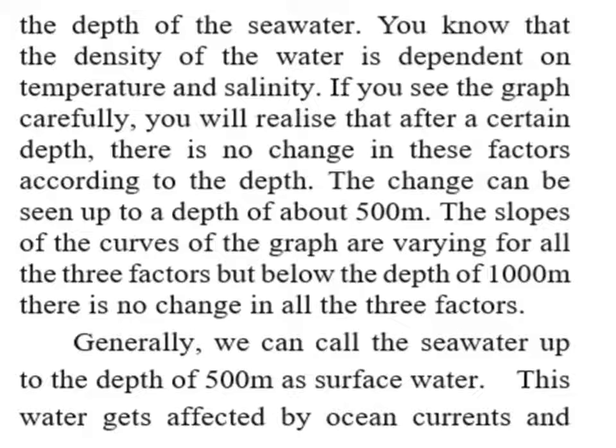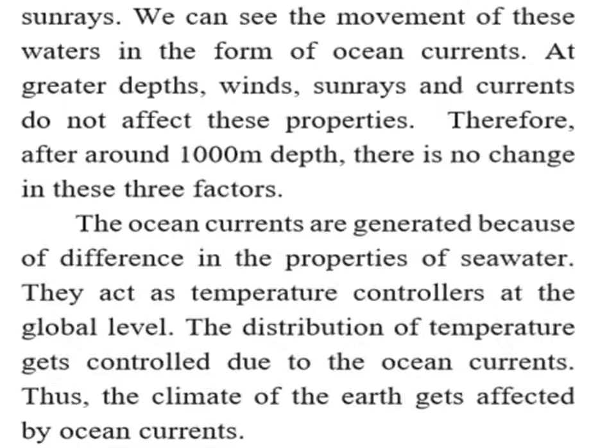Generally, we call this seawater up to the depth of 500 meter as surface water, the upper side of the level of the seawater. This water gets affected by wind and sun rays. Only up to that surface can the sun rays come.